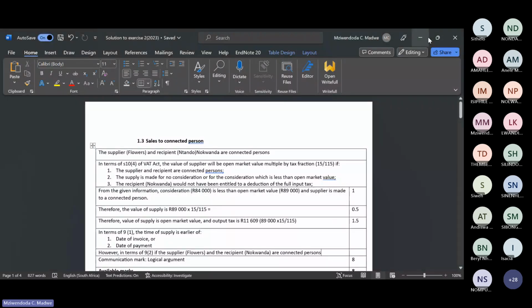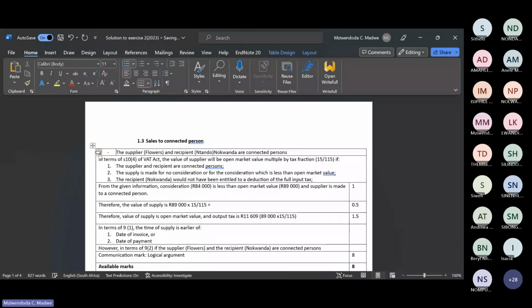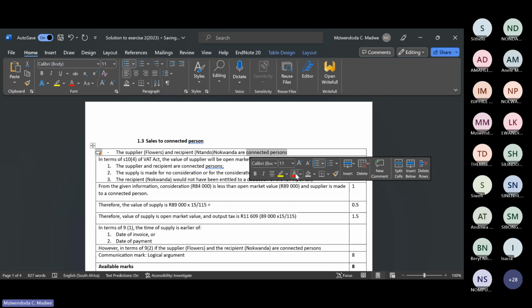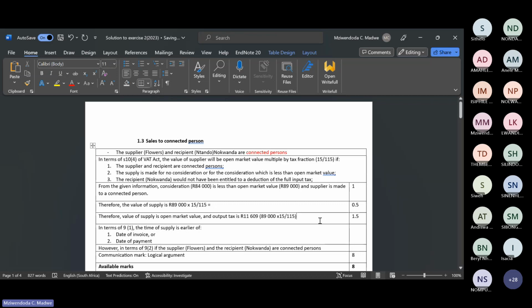Okay, this is the first question. In the first question, the first thing that you indicate is that you are dealing with connected persons.